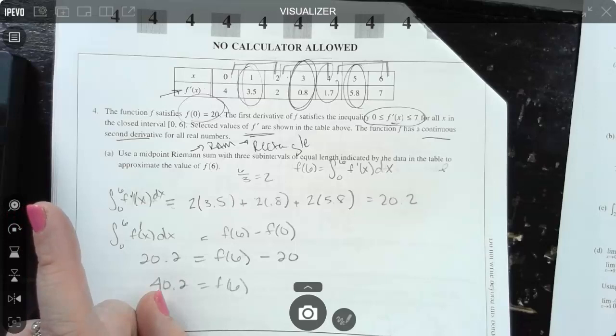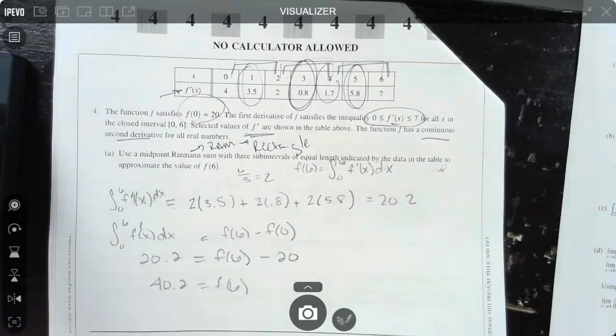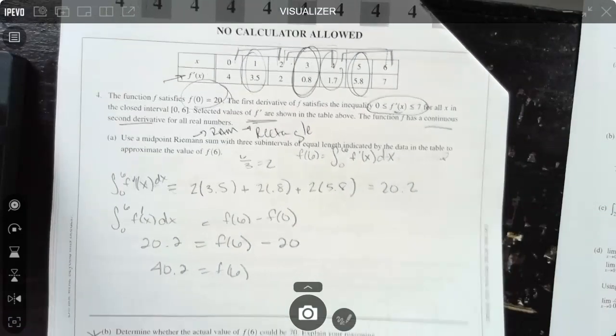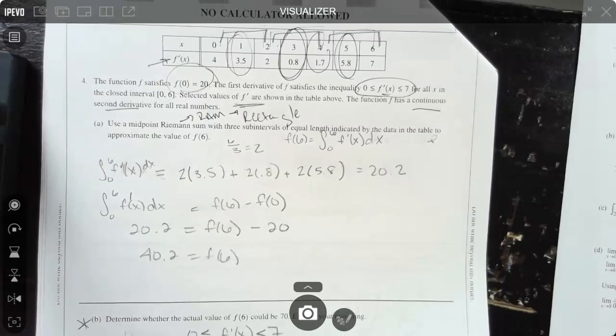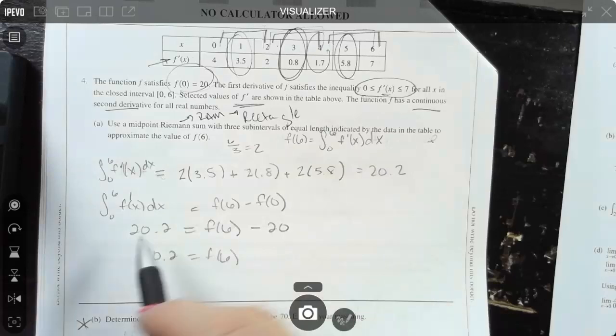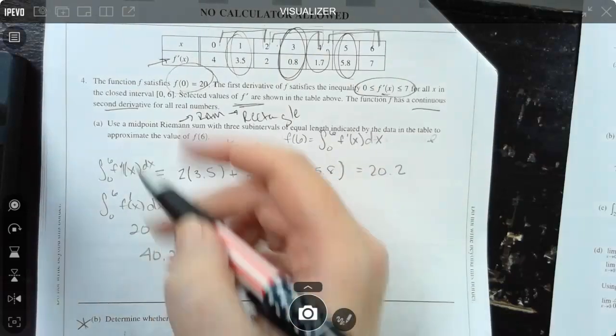Oh, wait. This stuff. This is f of 6, is what this equals.